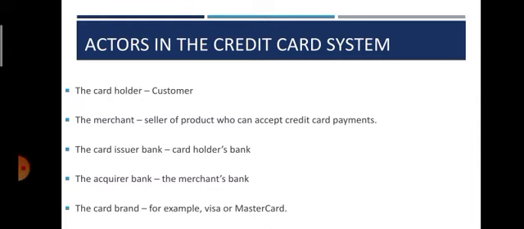The card issuer bank, that is the card holder's bank. The acquirer bank, that is the merchant's bank. These two banks are different. That means the merchant has one bank and the customer has another bank. And the card brand, for example Visa or MasterCard.